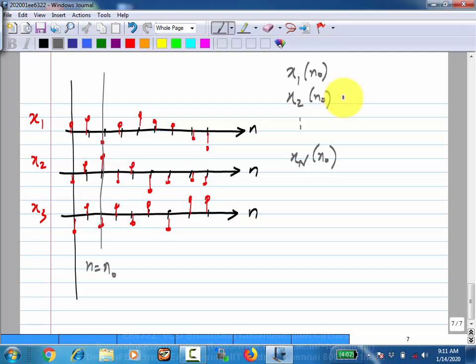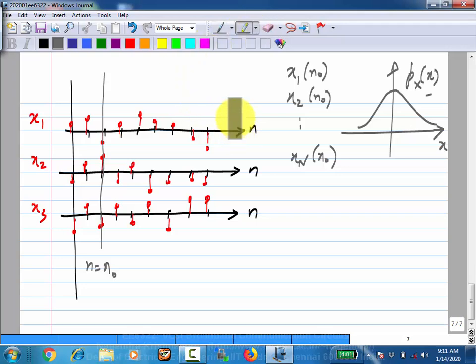If you have a finite number of these, you will get something, or you can normalize it by the total number of entries and plot the probability density function. That also can be something like this, right? So basically the x-axis of this process could be continuous time or discrete time, but at each instant of time there will be some distribution. Is this okay?